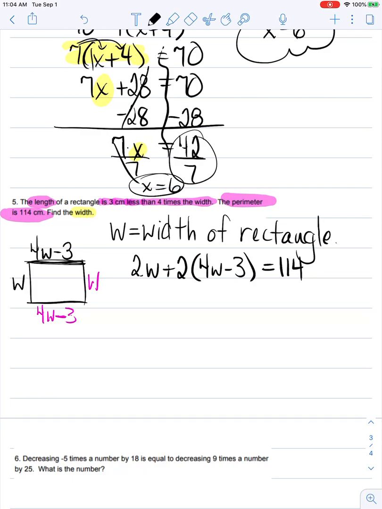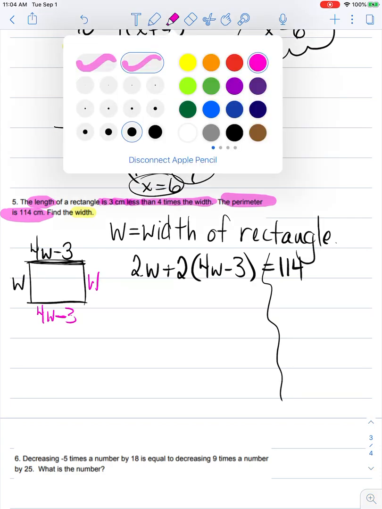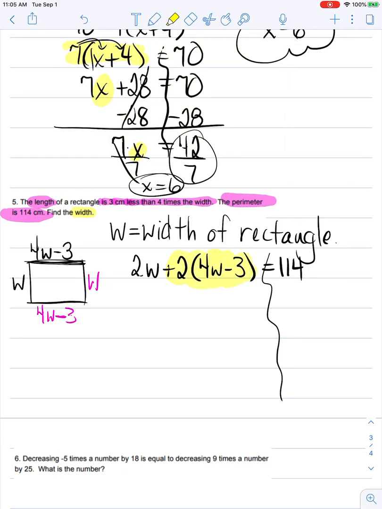So I've identified my variable, I've written my equation, now I'm going to solve my equation. So first I notice that I do have the distributive property. So I've got 2W plus 2 times 4W is 8W. 2 times negative 3 is negative 6, and that equals 114. My next step, do I have like terms? Yes, I do.